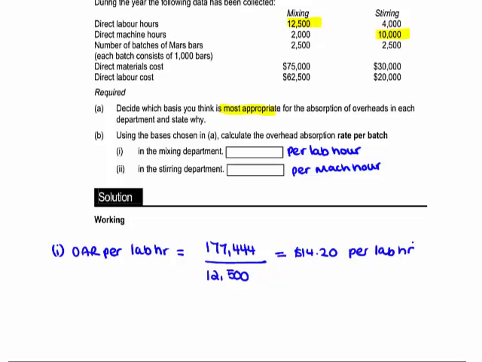Now the number of batches being produced in the period is 2,500. So that means that it takes 5 hours per batch.